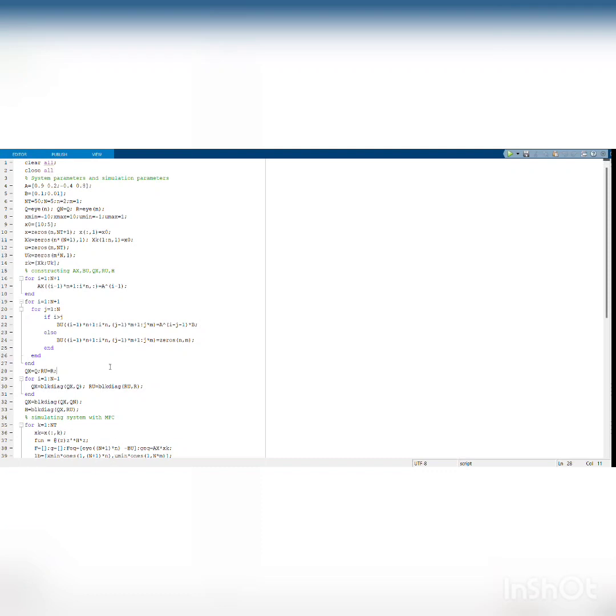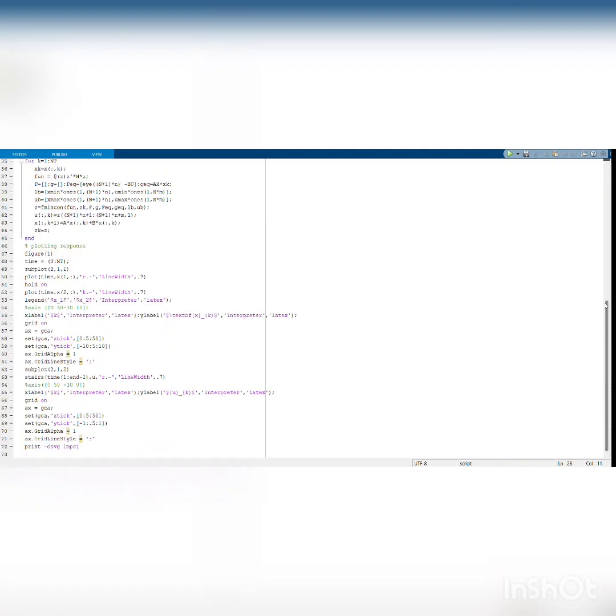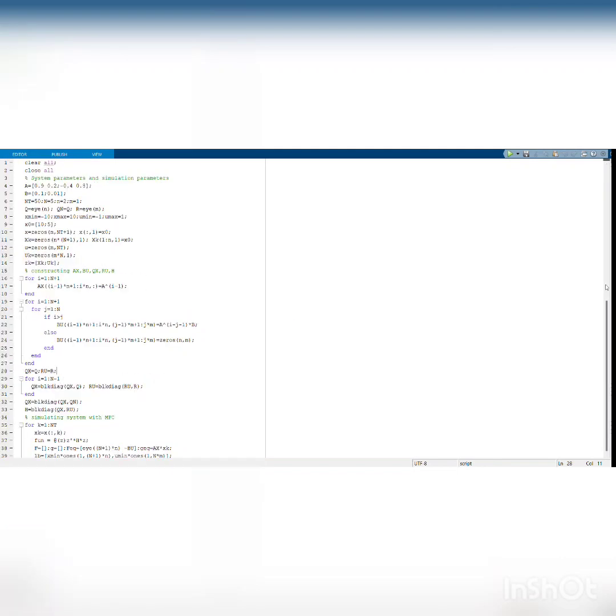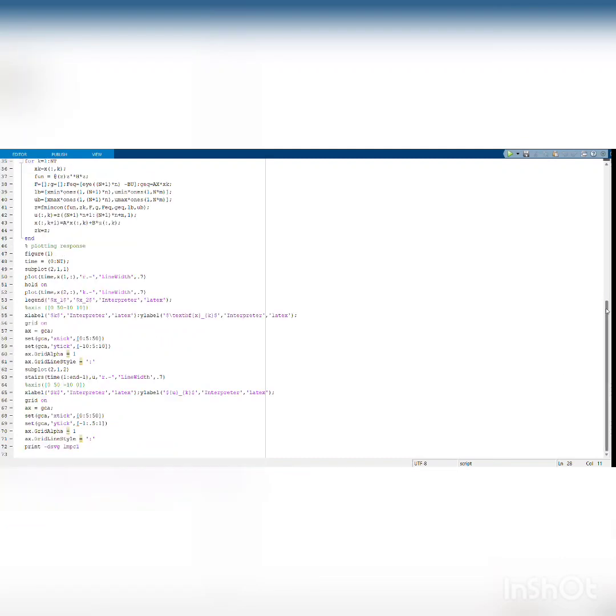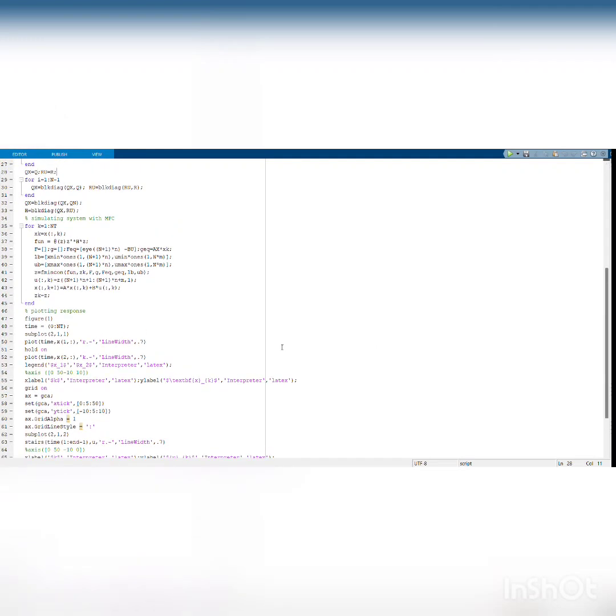And by getting the above values, we have to use the optimized code. We are going to minimize the decision variable by using the lower bound and upper bound of x and u.